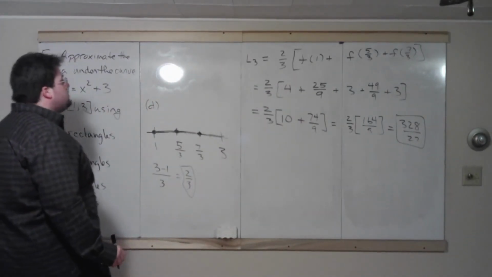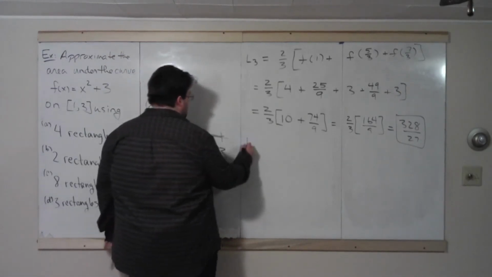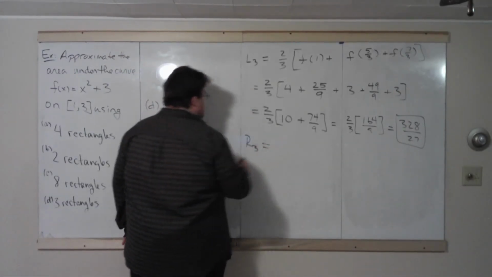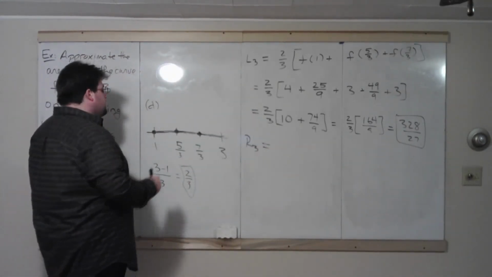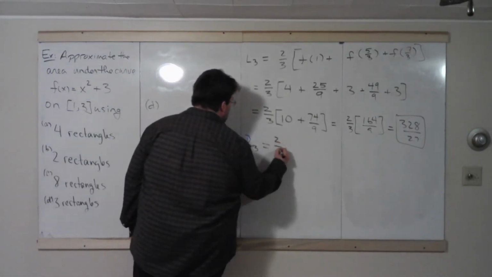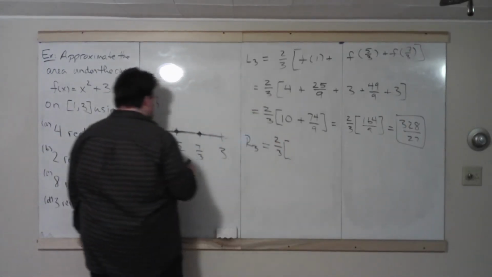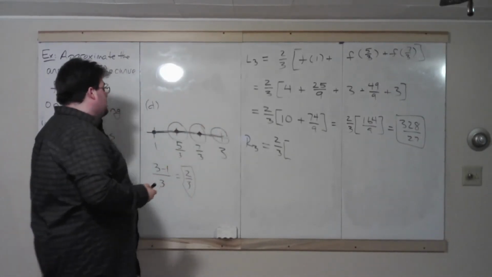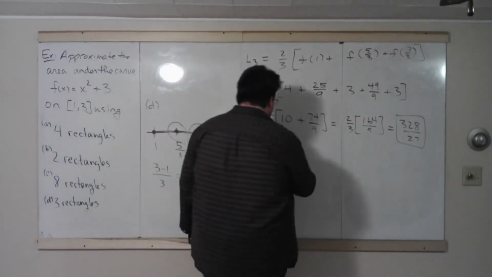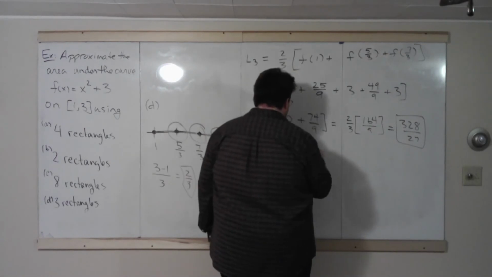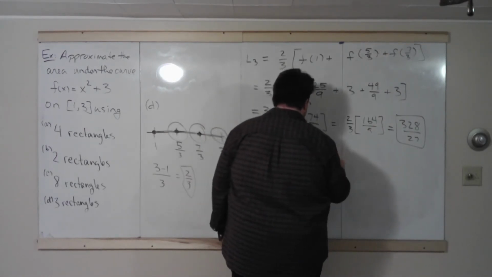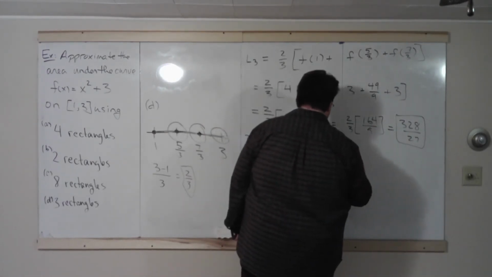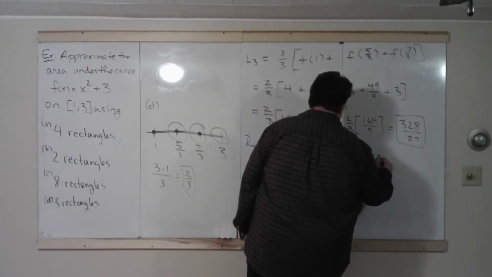And now let's do the right-hand approximation. R3, we're doing rectangles. The base of the rectangle is again 2/3. But here, we use the right endpoints, those three. So we use f at 5/3 plus f at 7/3 plus f at 3.